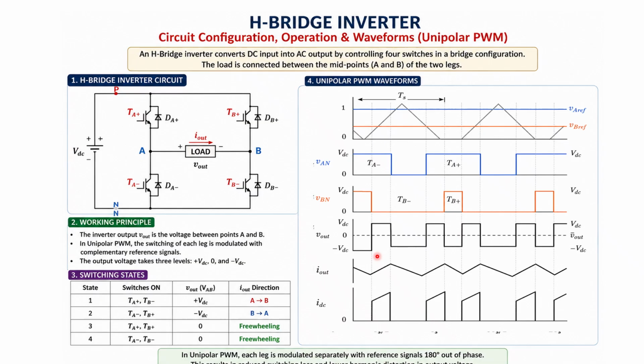When the required output is positive, the inverter output switches between plus and 0, plus 0, plus 0. When the output voltage required is negative, it switches between 0 and minus VDC. Compared to bipolar PWM, it does not normally jump directly from plus to minus. It goes to plus, then 0, then minus, then 0, and then plus.